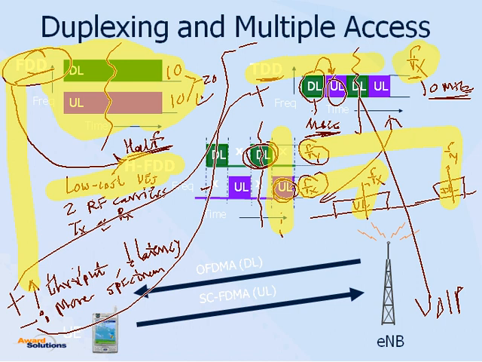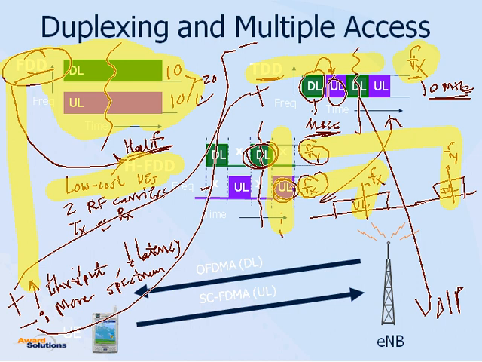Okay, easier to make FDD work. If you are doing TDD, then you have to worry a lot about interference because one base station's downlink may become another base station's uplink and so on. So there is a significant possibility of having very, very high interference. Okay. So your signal will be buried inside the interference if you do not plan properly.